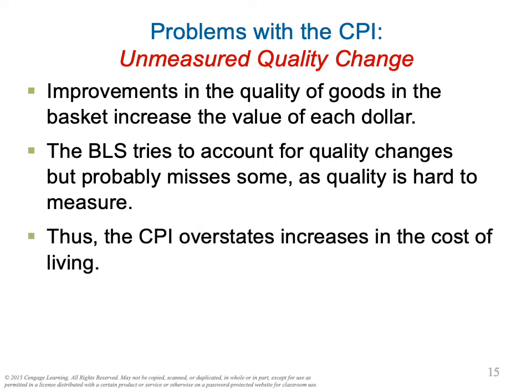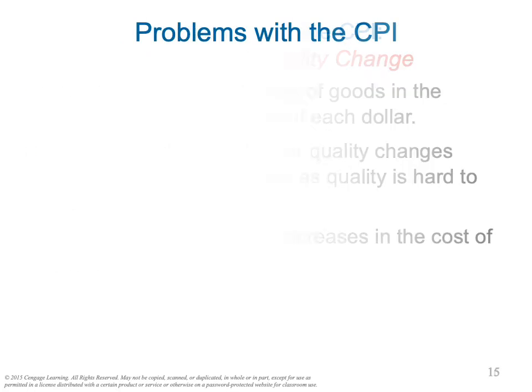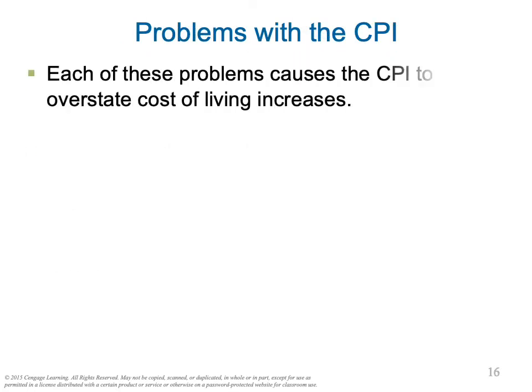And once again, third time in a row, CPI overstates the cost of living as a result of this problem. So 3 cases of overstating the increase in the cost of living. Each of these problems causes the CPI to overstate cost of living increases.